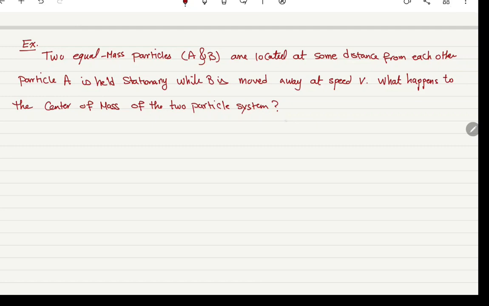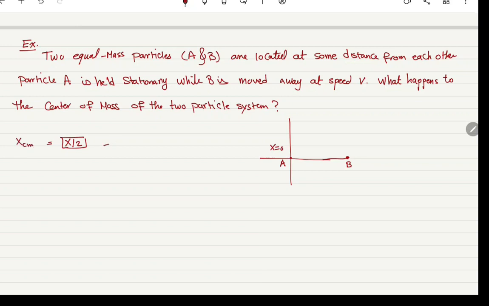Let's assume that particle A is located at the origin, so x equals 0 for particle A, and particle B is located a distance x from A. Since they are equal, the center of mass in this case is equal to x over 2. So this is the x center of mass.